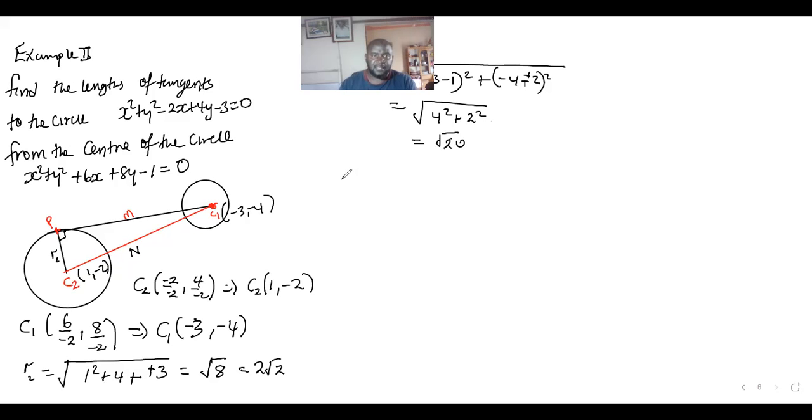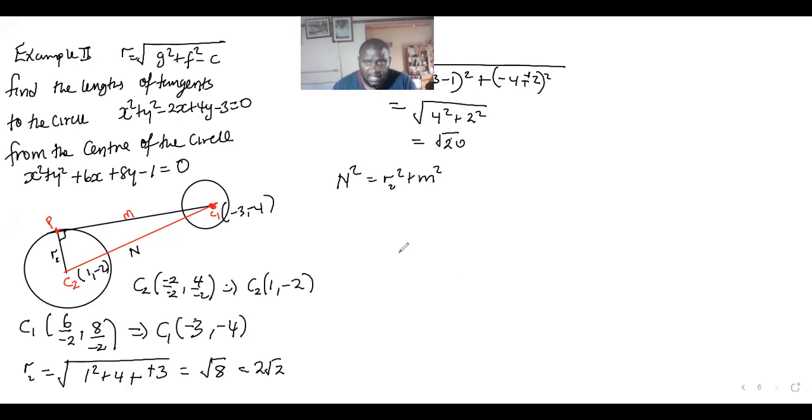So if that is, yes, please. Teacher, first go back to R2. How did you get +3? How did I get the +3? Yes, in R2, the square root of 1 squared plus 4, then plus 3. The formula for R is the square root of G squared plus F squared minus C. Do you know that?